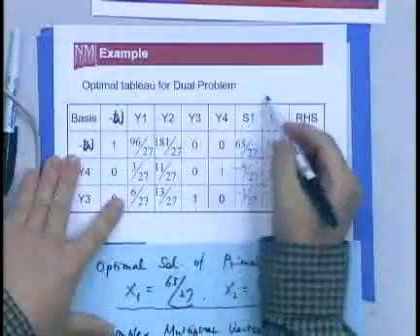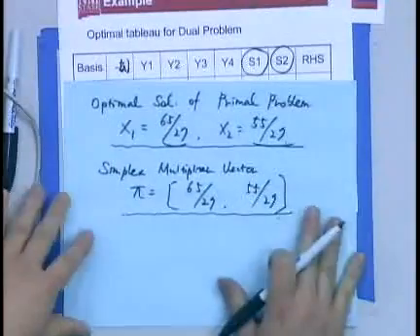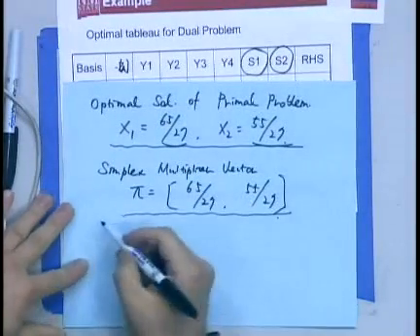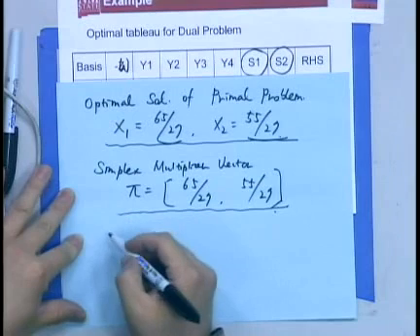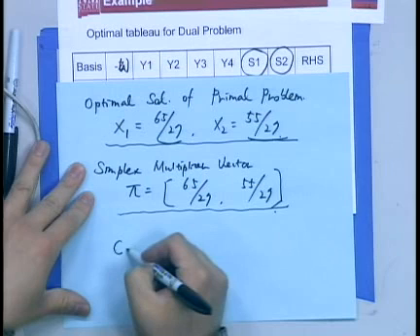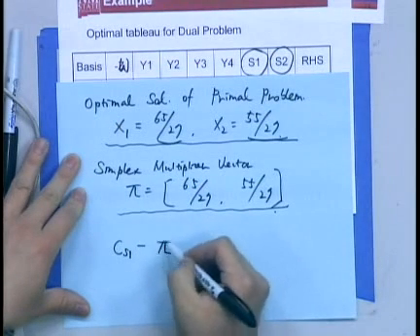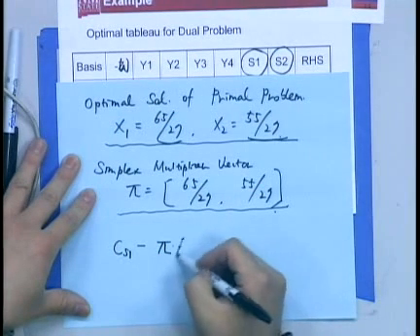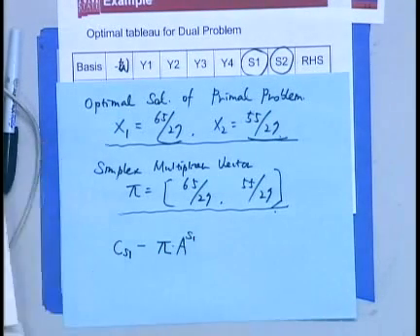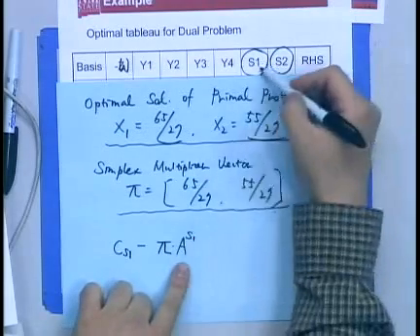In our case, we have two surplus variables, S1 and S2. The reduced cost for the first surplus variable, S1, is cost minus simplex multiplier vector times A superscript S1. That is the constraint coefficients corresponding to the S1 variable, right?